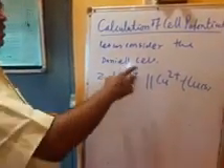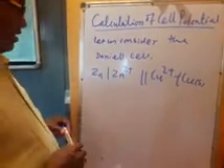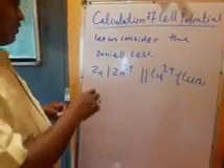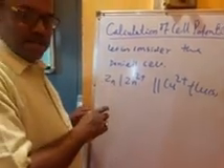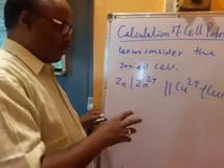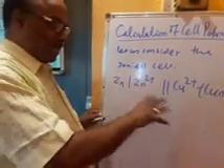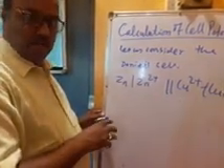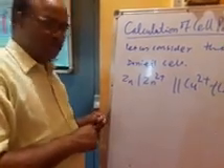The potential of this cell can be determined in two ways. First, by determining individually the reduction potentials of the half cells, or by writing down the cell reaction and then applying the Nernst equation. I am doing that in both methods.